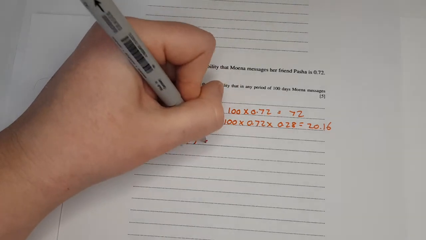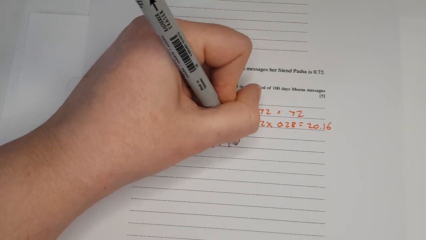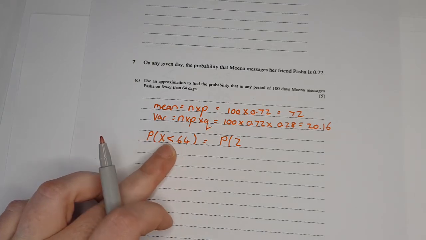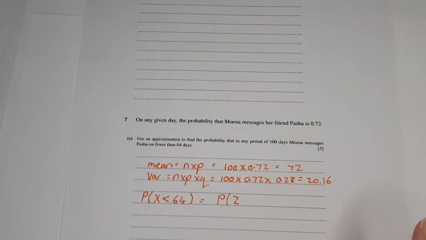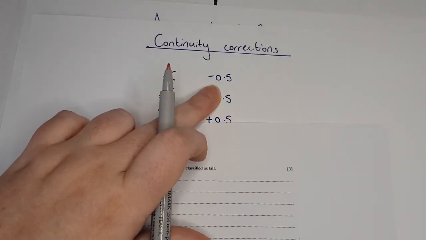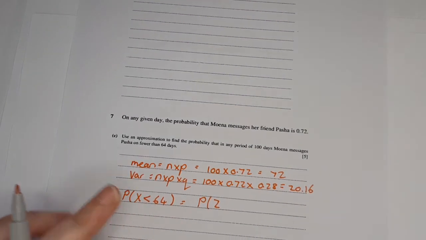So now I'm going to standardize, and the first thing I need to do is a continuity correction. So now I want where she is less than. So less than means minus 0.5. So now I'm going to say 64 minus 0.5.